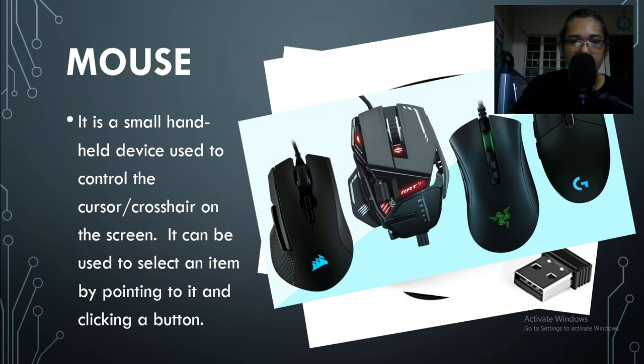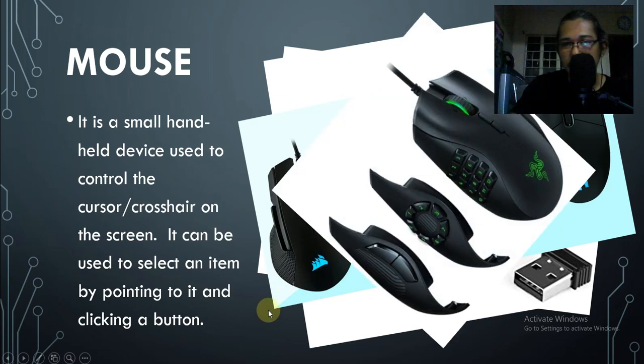It uses a laser lens to detect movement. Of course it is faster and more accurate than the normal mouse because it is used for games. Some mice have additional features like numerical buttons on the left side of the mouse.